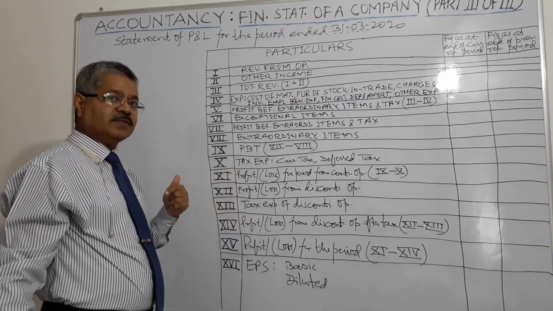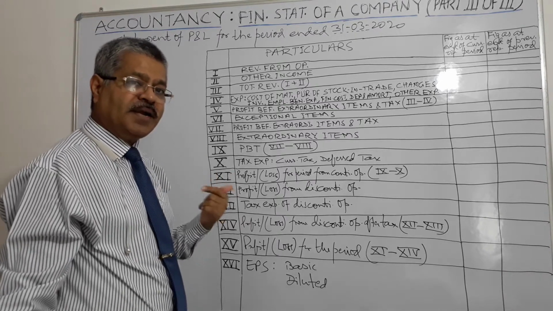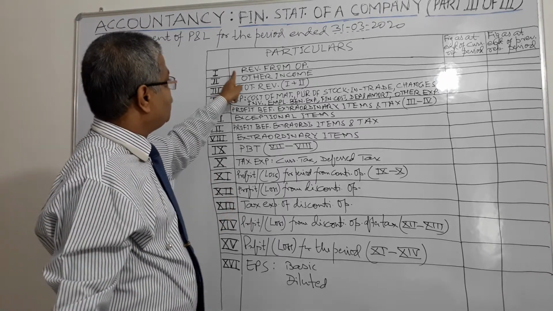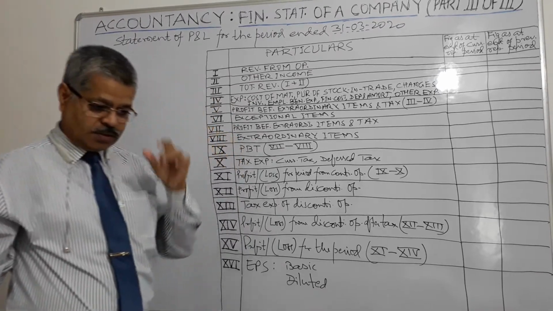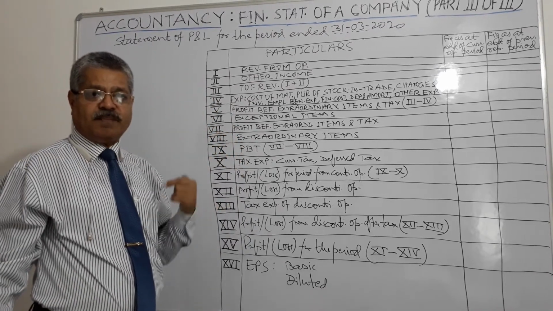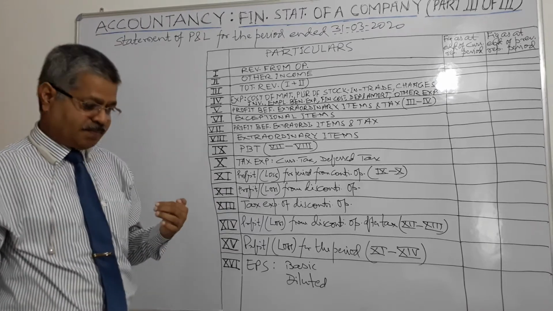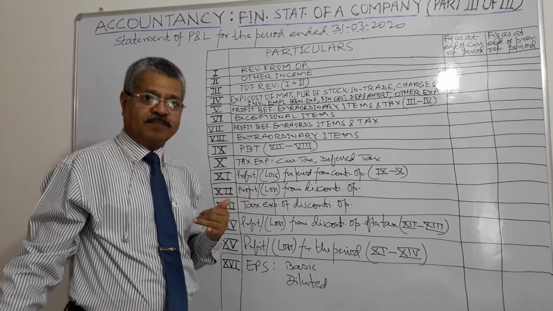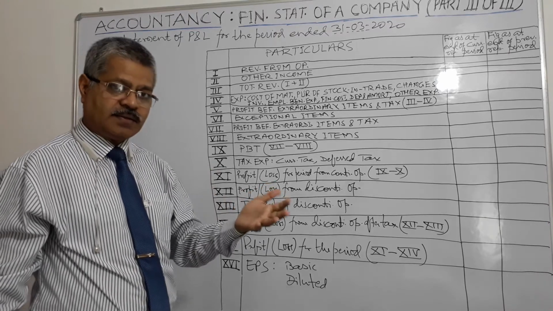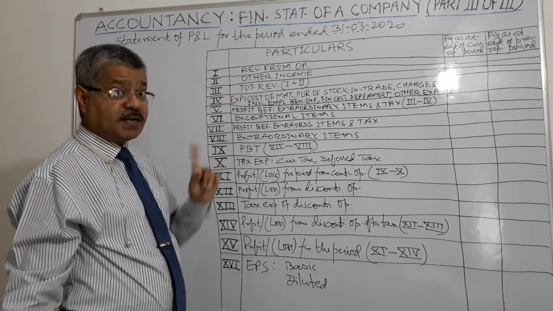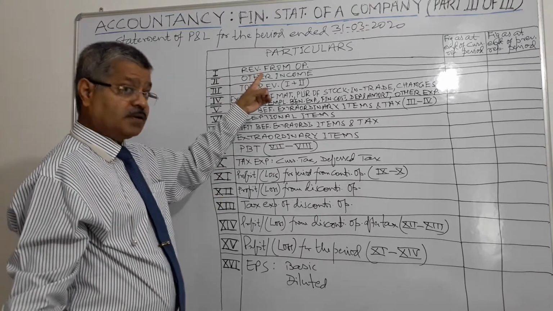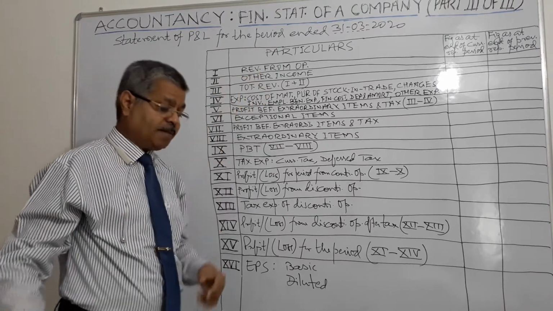In that case, the same earning of interest income will fall under revenue from operations, because the main business of a banking company or a finance company is to borrow and lend. When they lend, they earn interest income. So that will not be other income for them, that will be revenue from operations for them.